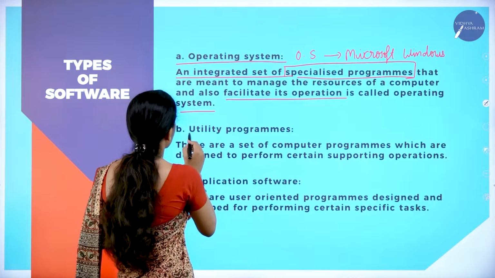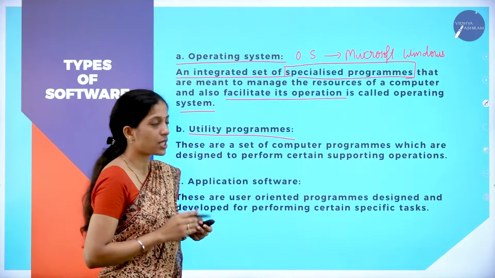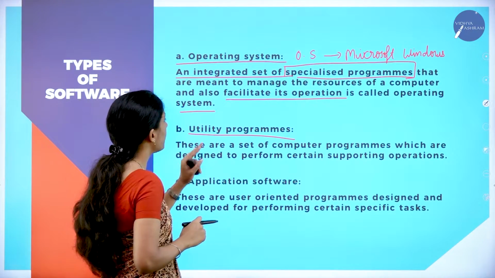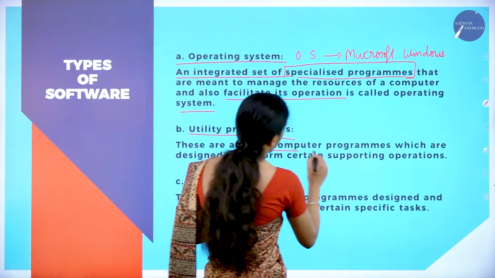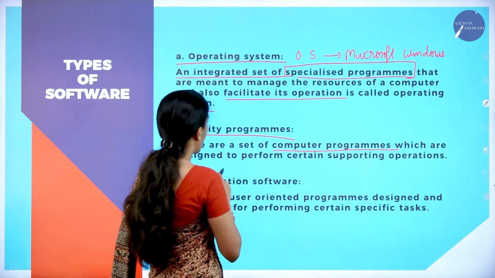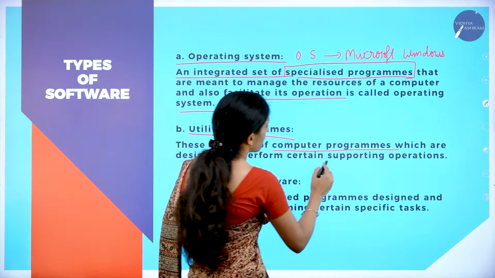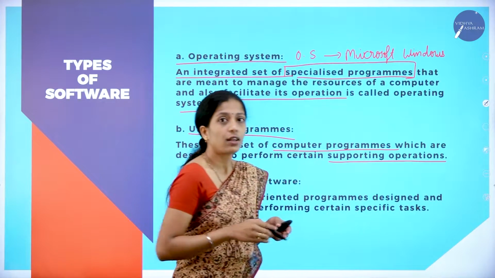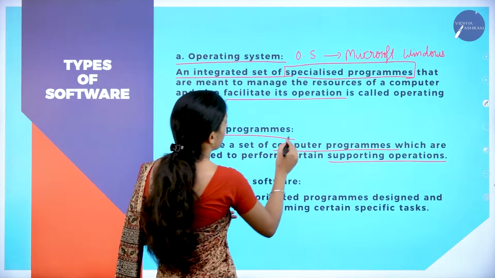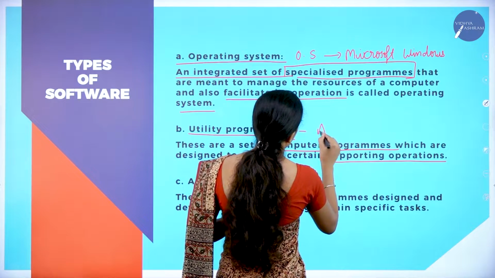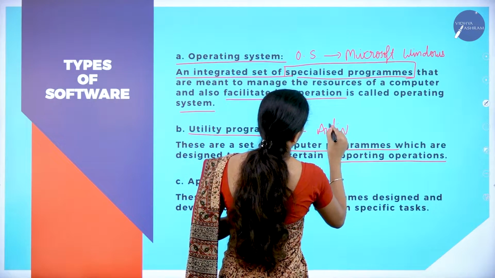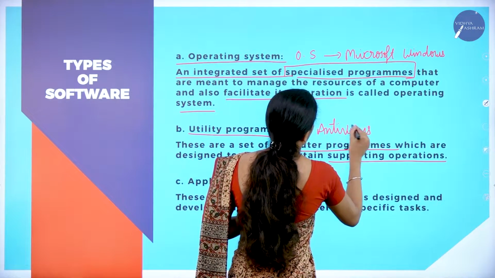Now coming to the next one, utility programs. What is a utility program? These are the set of computer programs which are designed to perform certain supporting operations. The best example is antivirus.